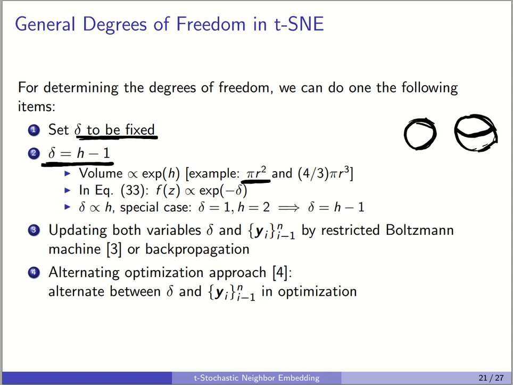What is the volume of a sphere? It is this. So we can have volume of hyperspheres, and we can see that the volumes of hyperspheres are proportional to the exponential of h. Why? Because these are in powers. So by exponential I mean that.